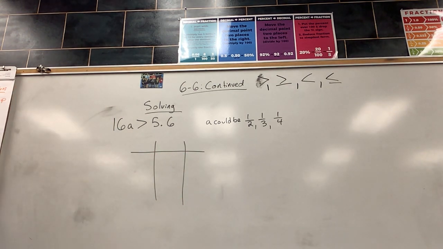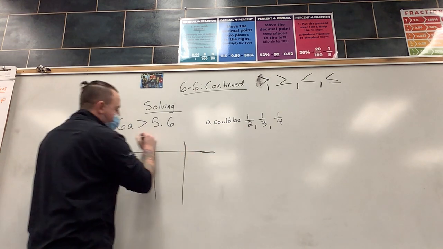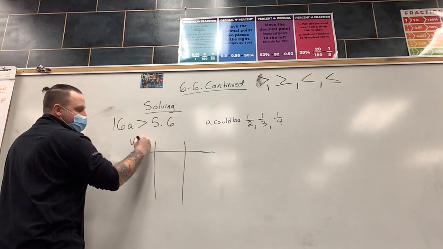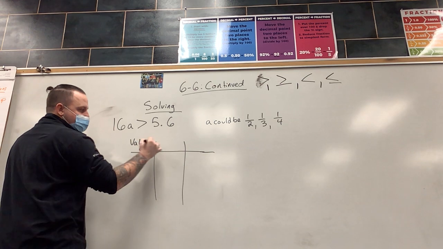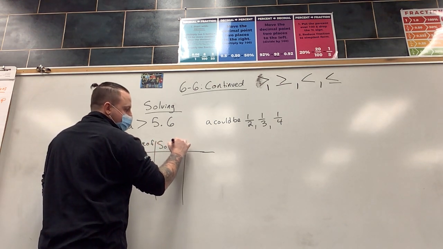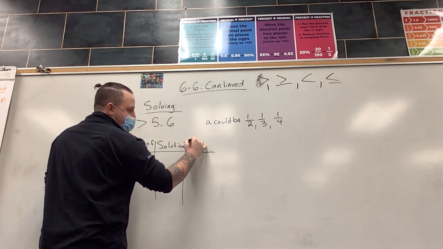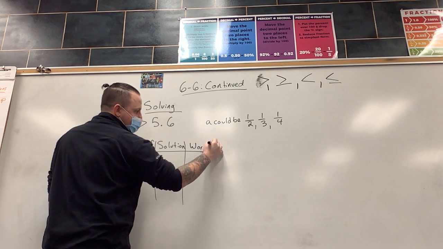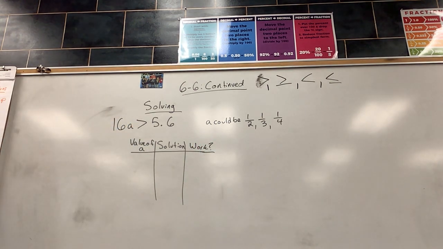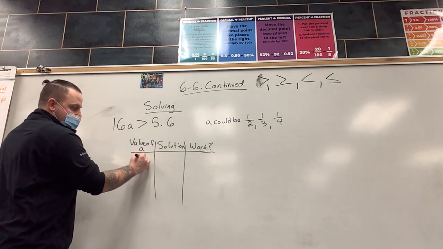It's going to look identical across the top, right? I chose A because the last one was A. We have the value of A. We have the solution. And then we have, does it work? And so we're going to plug in these numbers. We're going to plug in 1/2.